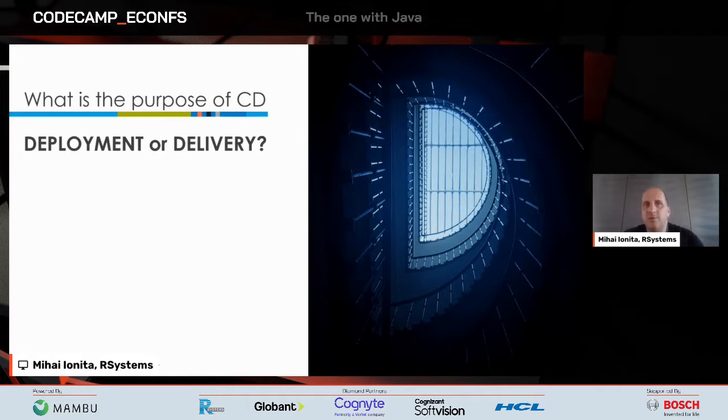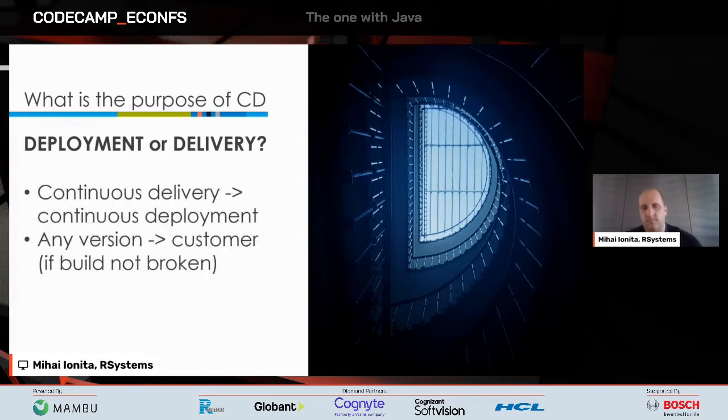Except that it's not just a jar file, it's usually an orchestration template with a playbook to get all the dependencies and the configuration necessary for that jar file. The consistent fact in continuous delivery is that any version could end up on the customer's system, unless you broke the software build or something in the ops part.